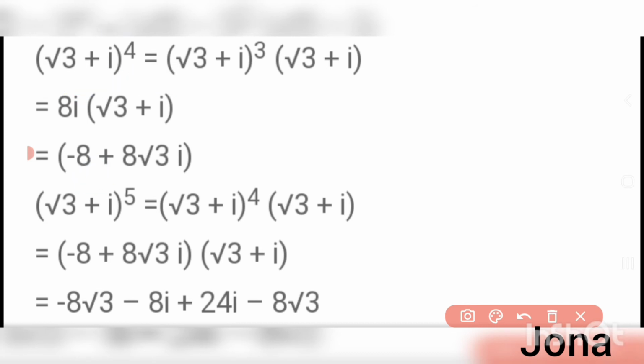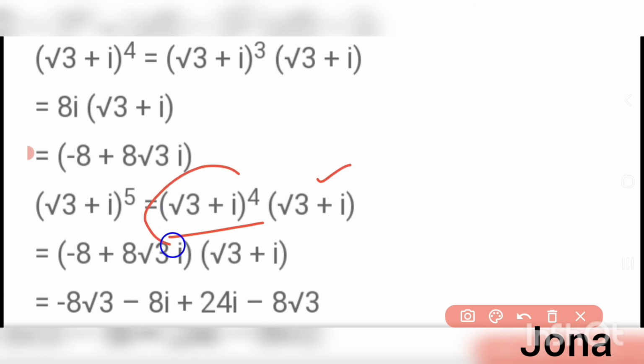So here we can have the real and imaginary parts, and then again we want to put the value as 5 here. So (root 3 plus i) the whole power 5, we can split this as (root 3 plus i) the whole power 4 into (root 3 plus i).